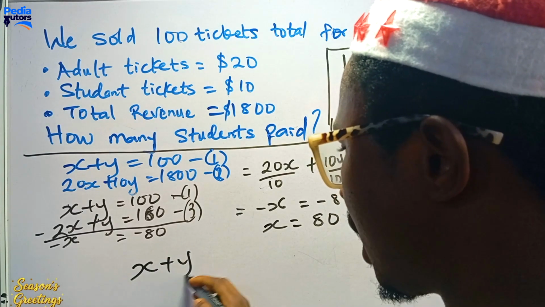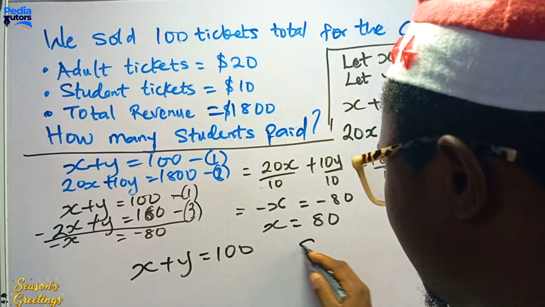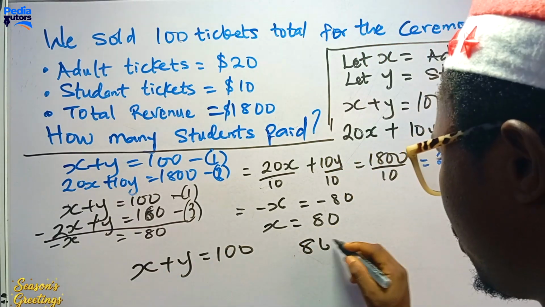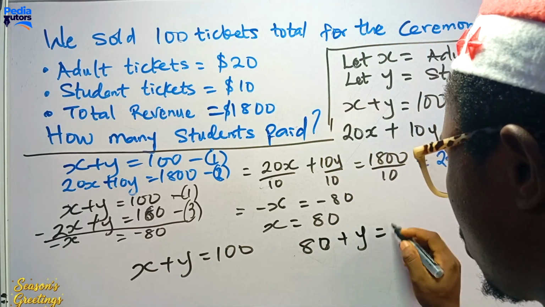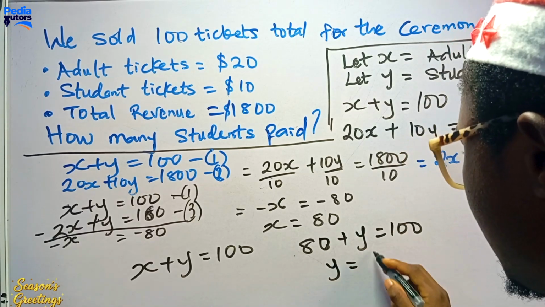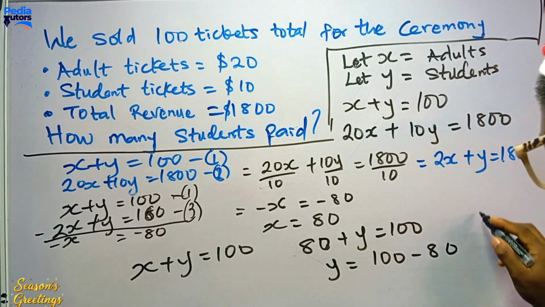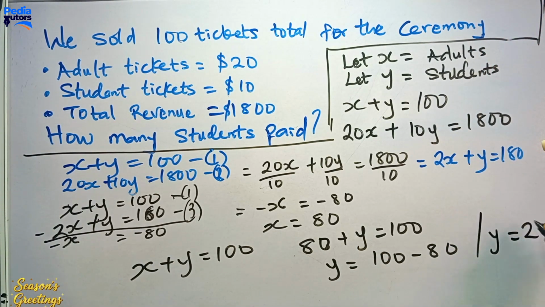If x equal to 80, let's come back to equation 1, x plus y equal to 100. That means 80, which is x, plus y equal to 100. So our y is 100 take away 80, so y equal to 20.